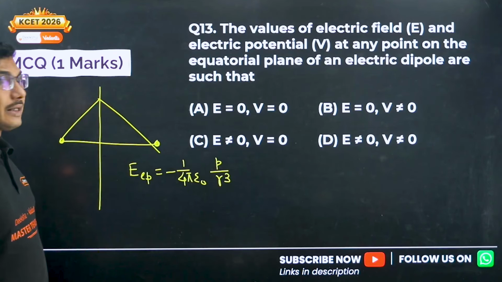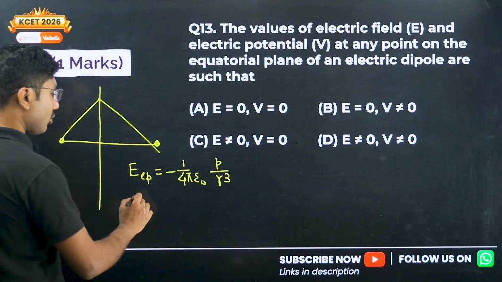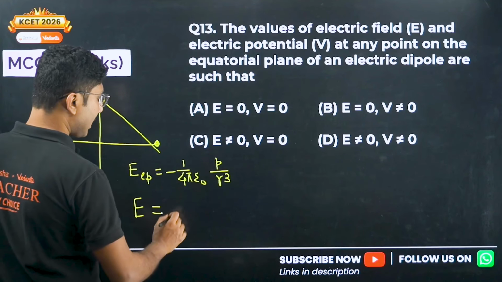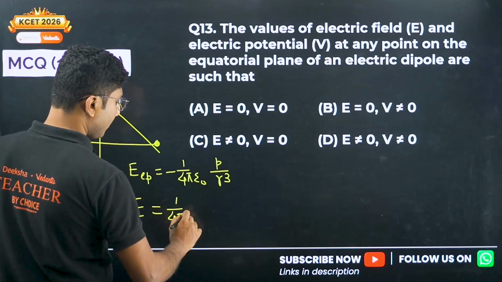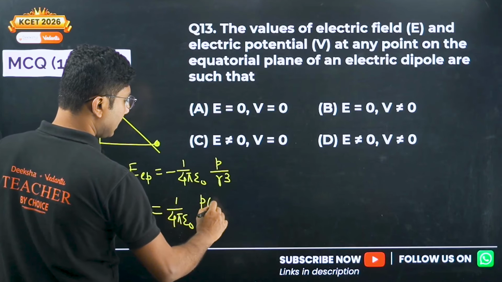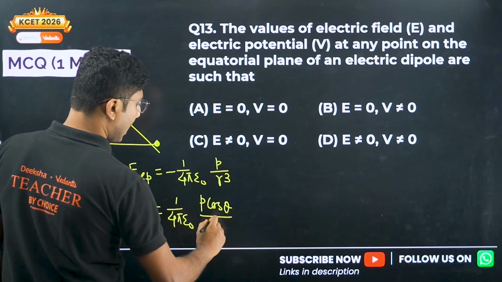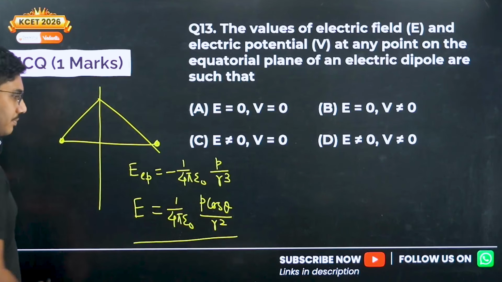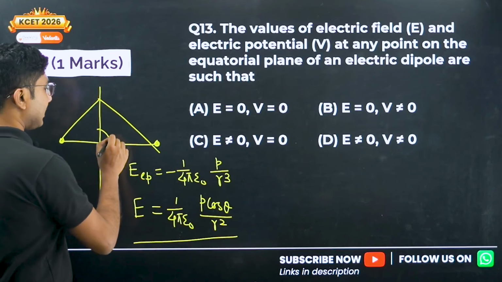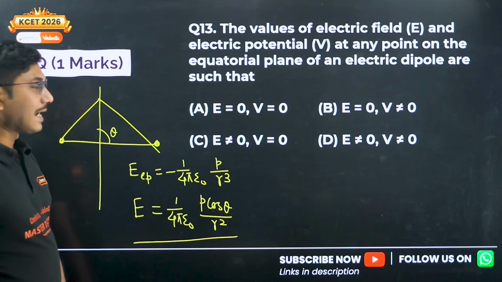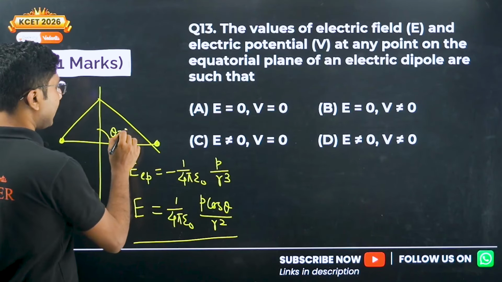Now what about electric potential? Electric potential at any position is given by 1 by 4 pi epsilon naught P cos theta by r square. This is the general expression. Now for the equatorial plane, what is the angle theta? For the equatorial plane, the angle theta is obviously 90 degrees.